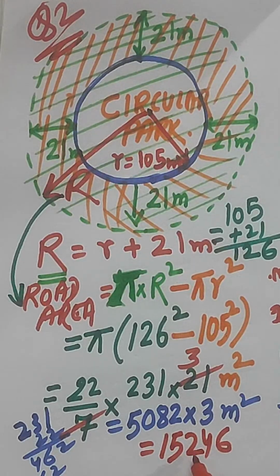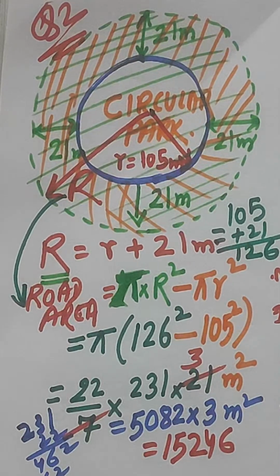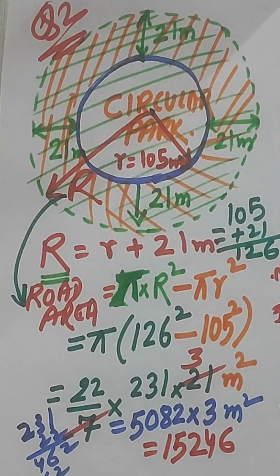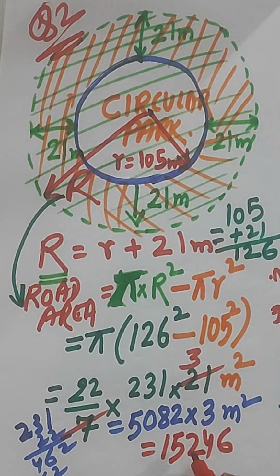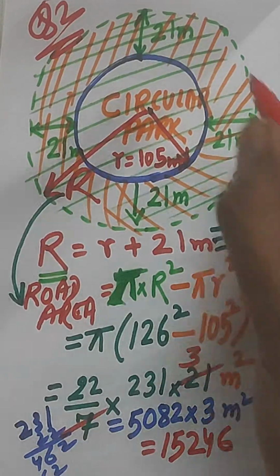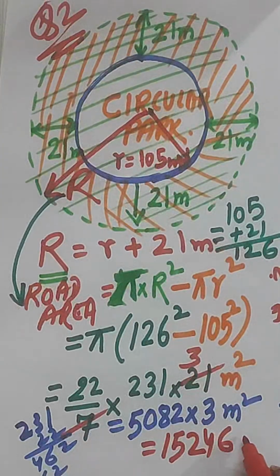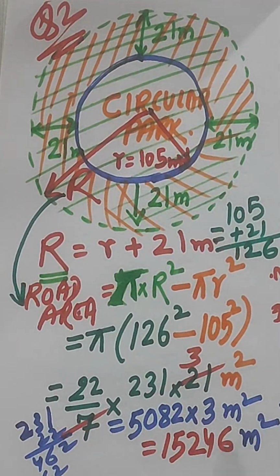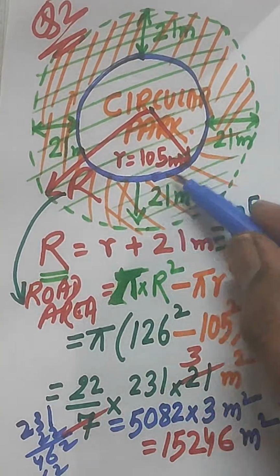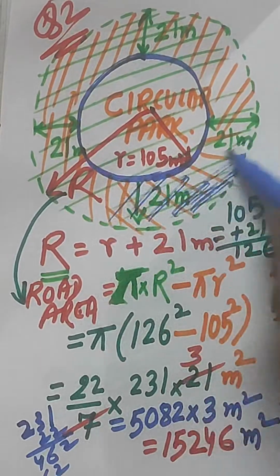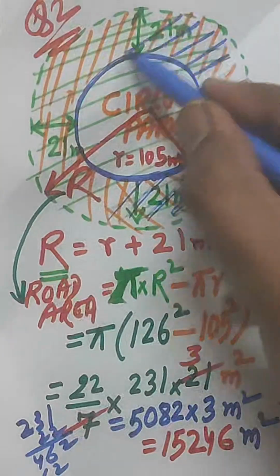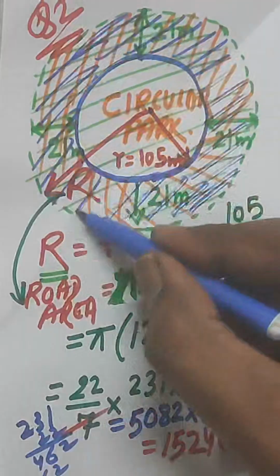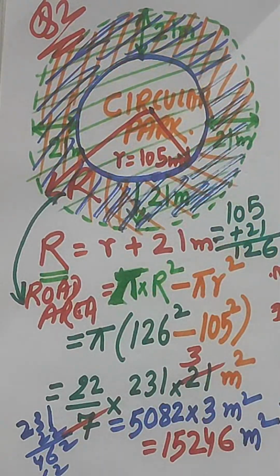So 15,246. 15,246 meter square is the area of the circular path surrounding this circular park, right? So this area is nothing but 15246.